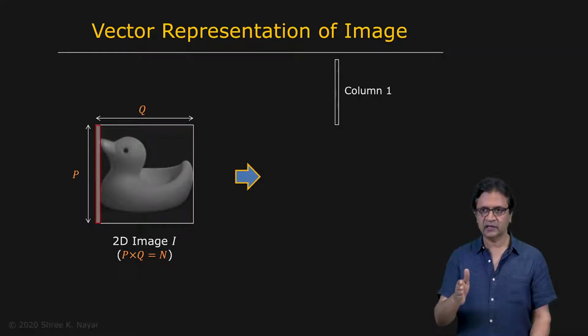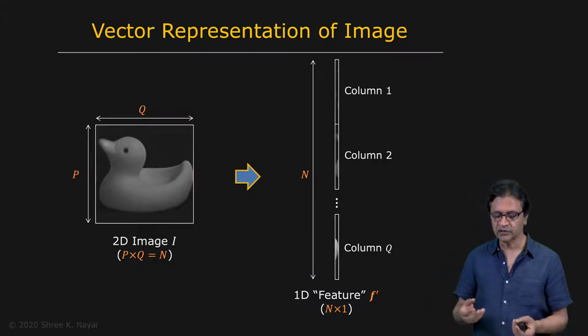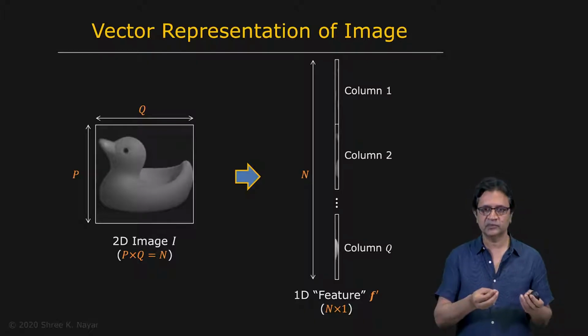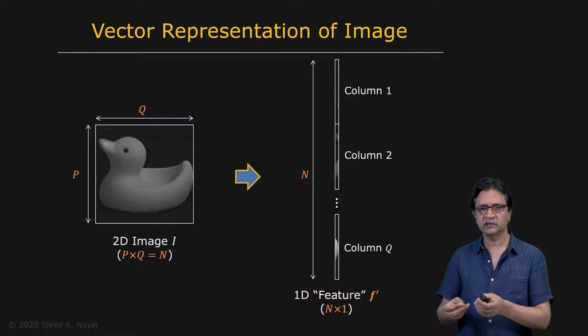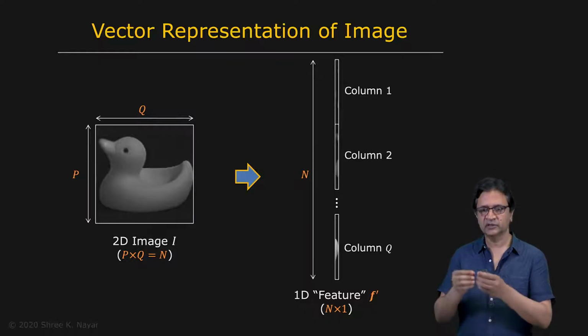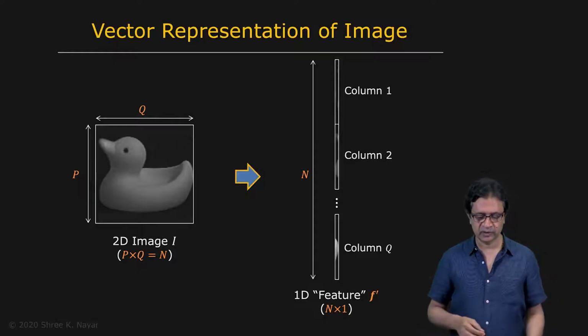We just write that out, and then we stack all the other columns beneath it, one after the other, and you get a single vector, which is an n by 1 vector. So this is the way that you would represent a two-dimensional image as an n by 1 feature vector, along one dimension, which is the pixel index, so to speak.